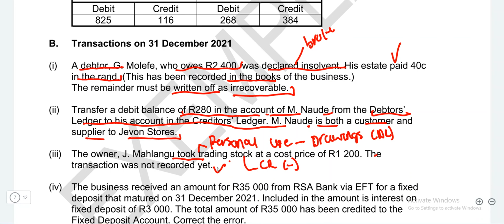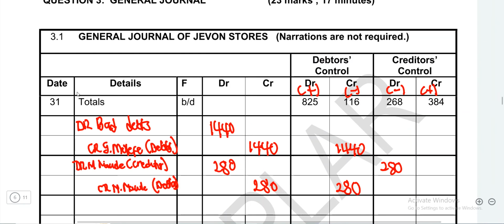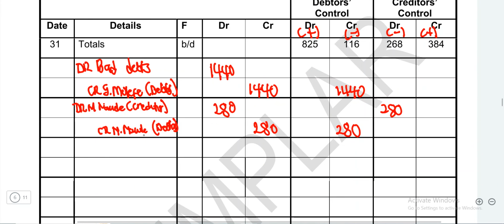So now here, remember, we need to record this. We're going to say debit drawings, and then we credit trading stock.